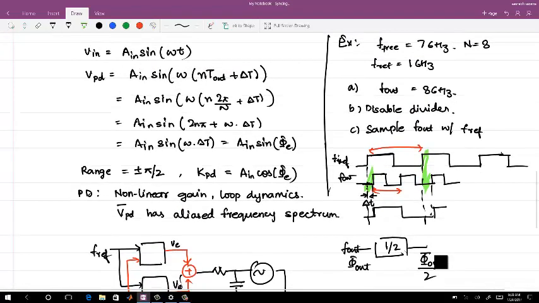I can write this as A_in sin phi_E and the other part as A_in A_out cos phi_E. That is the combined thing. So it will lock to some value where the total combined phase error gives me whatever the frequency error I want.